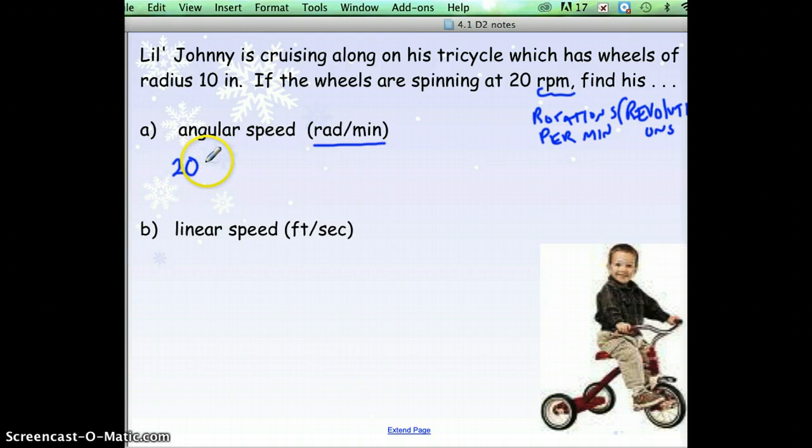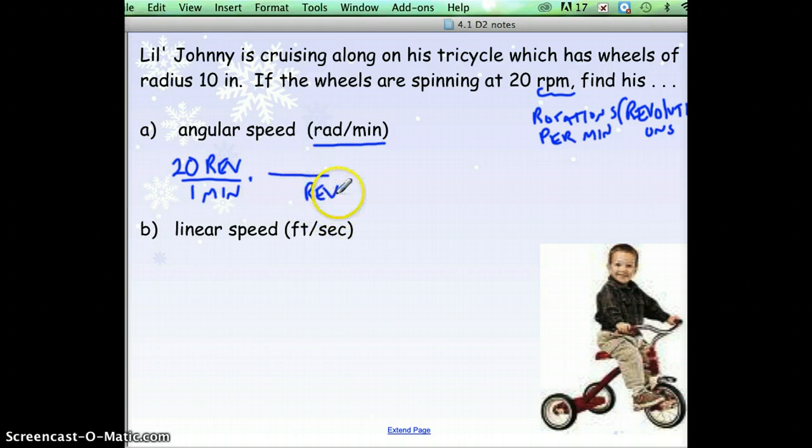I'm going to use revolutions. 20 times around the circle. So 20 revolutions per 1 minute. And we are going to convert this into radians per minute. So we already have the minute part down. Now we need to get rid of revolutions and translate it into radians. Now, if it's on the top, it needs to go on the bottom.